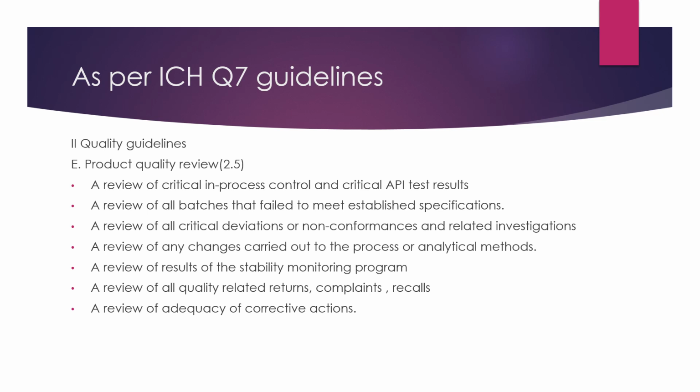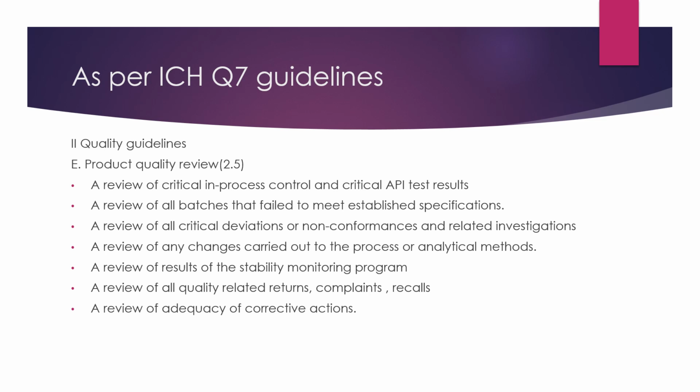So let us see the contents that we need to cover in the APQR. A review of critical in-process controls and critical API test results. So critical in-process controls as well as critical API test results should be included in the APQR.